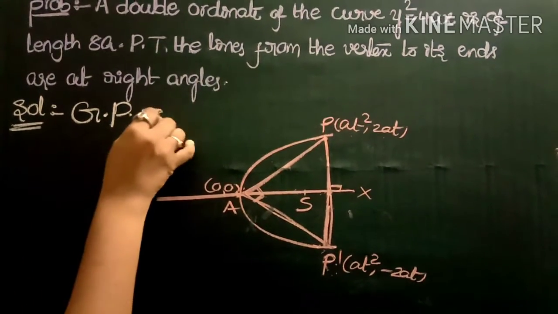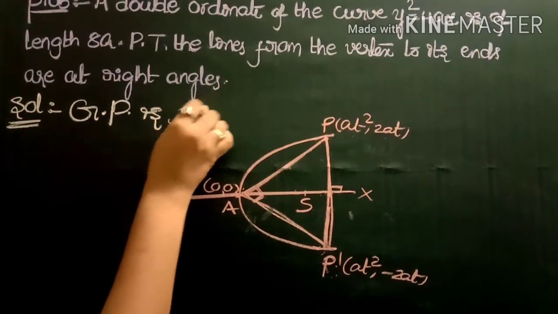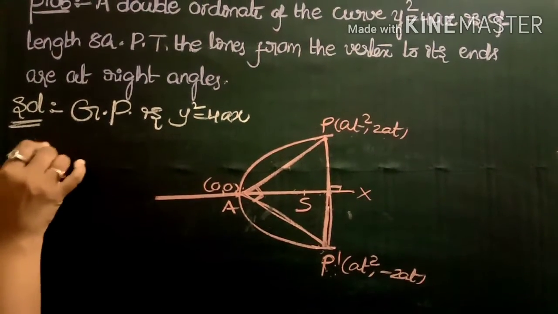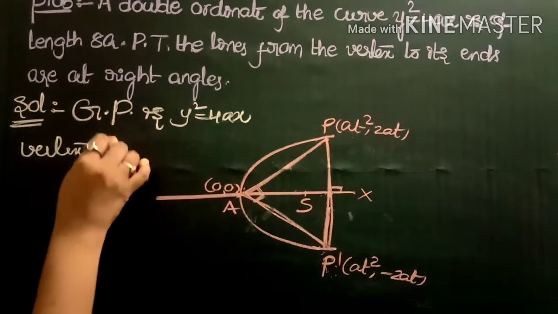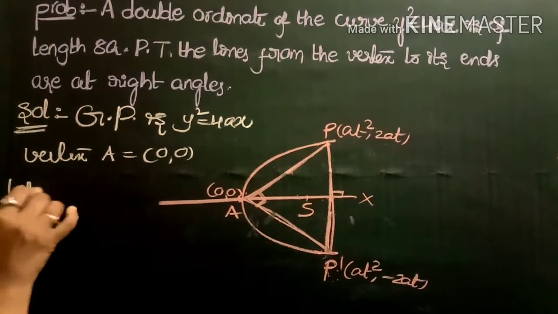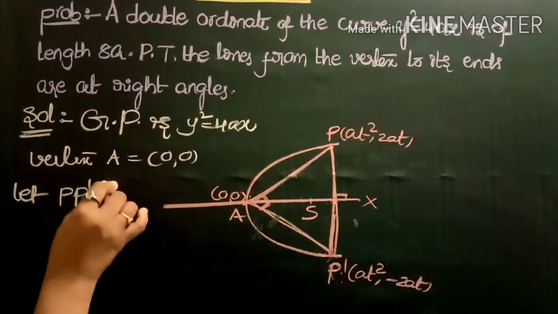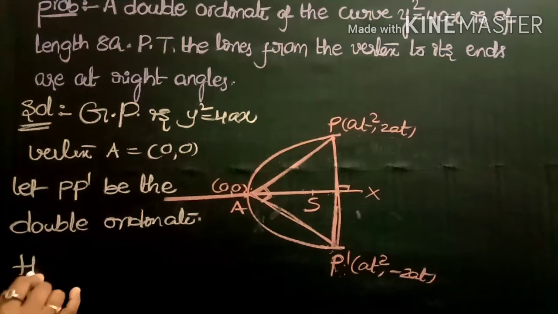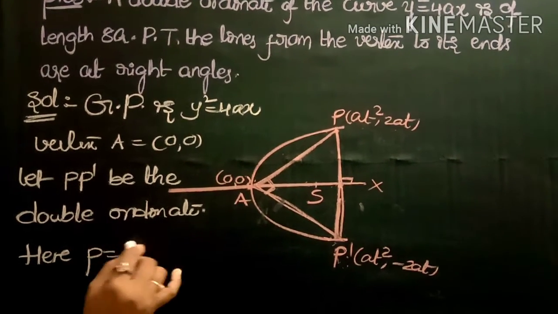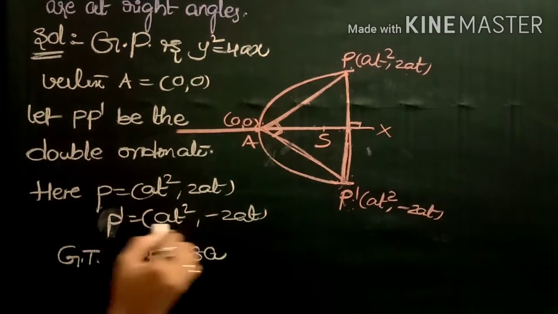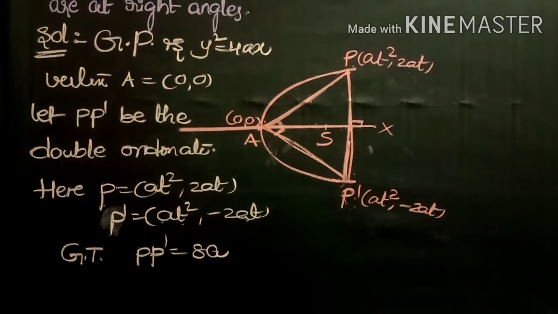First we write the given parabola. Given parabola is y square is equal to 4ax, and the vertex A is (0, 0). Let PP dash be the double ordinate. Here P is (at square, 2at) and P dash is (at square, minus 2at).